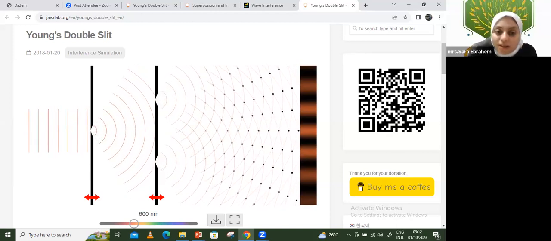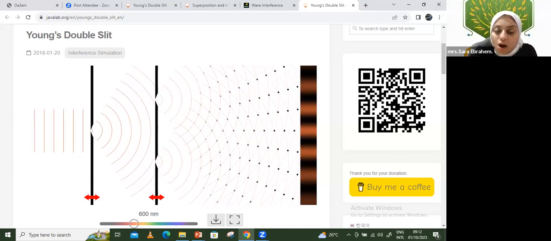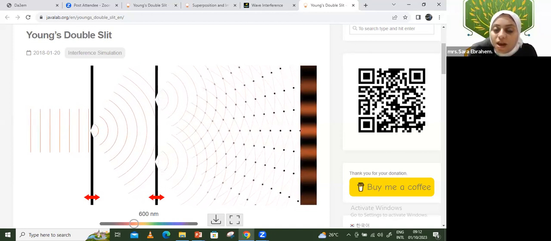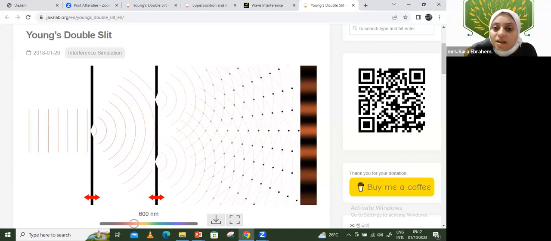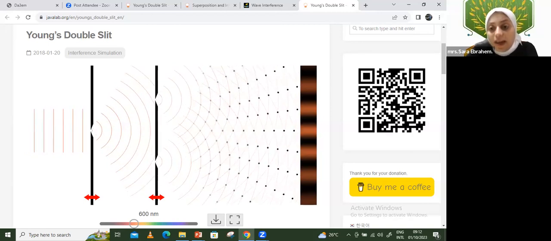So the light waves combine, and as a result we have fringes on the screen, dark and bright.